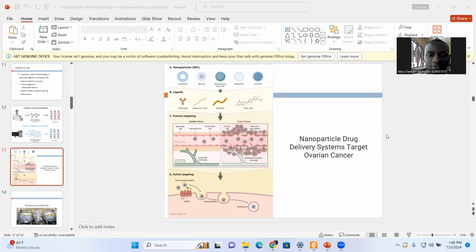You can study this on your own. It's quite easy to understand. Then nanotechnology: coating nanoparticles with drug to facilitate quicker delivery into your target cell. It has application in a lot of diseases, including cancer, such as a nanoparticle drug delivery system for ovarian cancer.